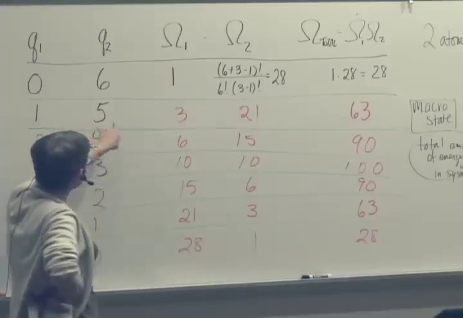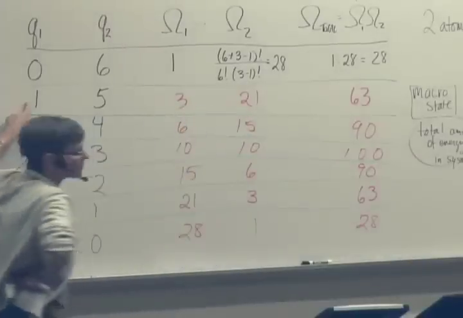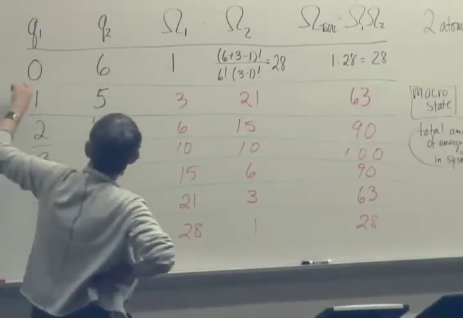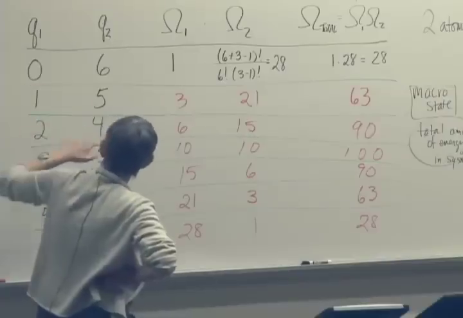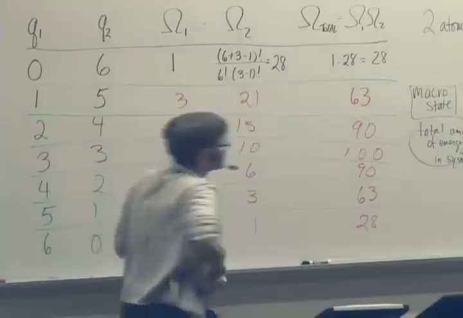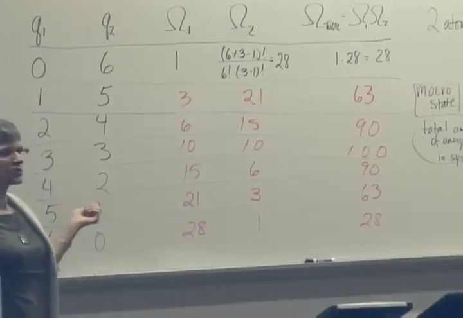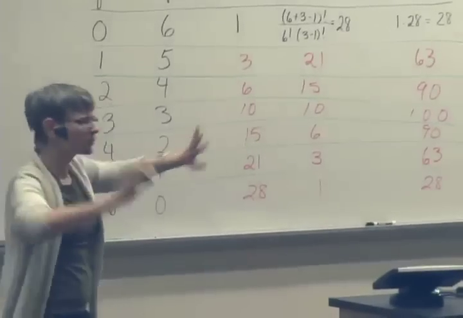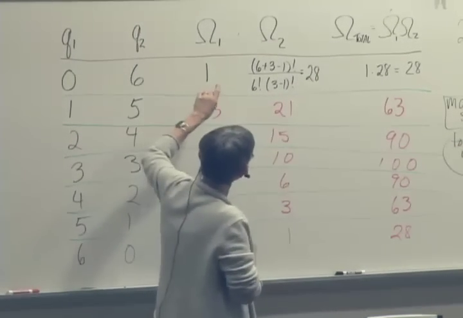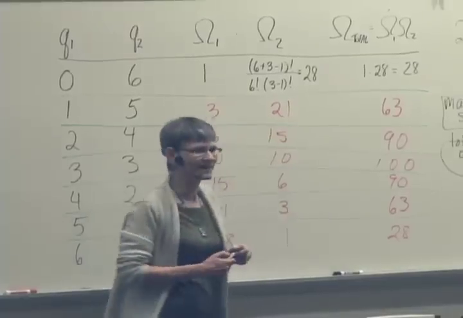Each way of arranging 5 quanta of energy in object 2 and 1 quantum of energy in object 1, each of these ways is equally probable. So each of these 21 ways is equally probable. But when you work it out, each of these ways is equally probable, but there are 21 ways to do this and 3 ways to do that.